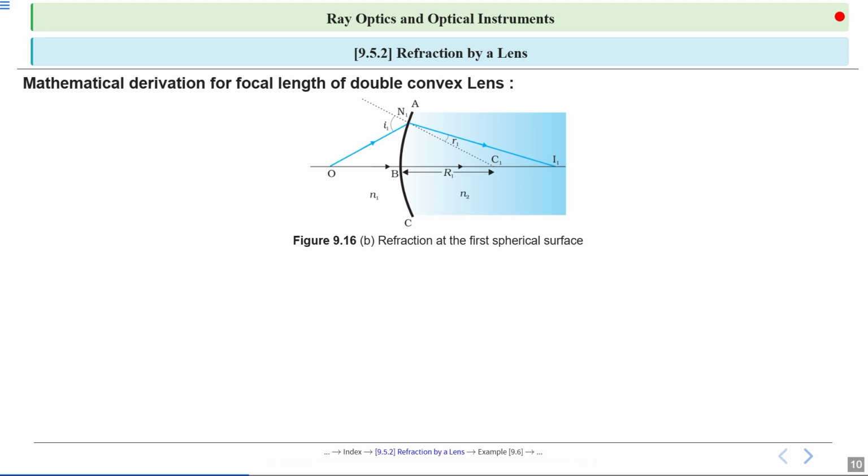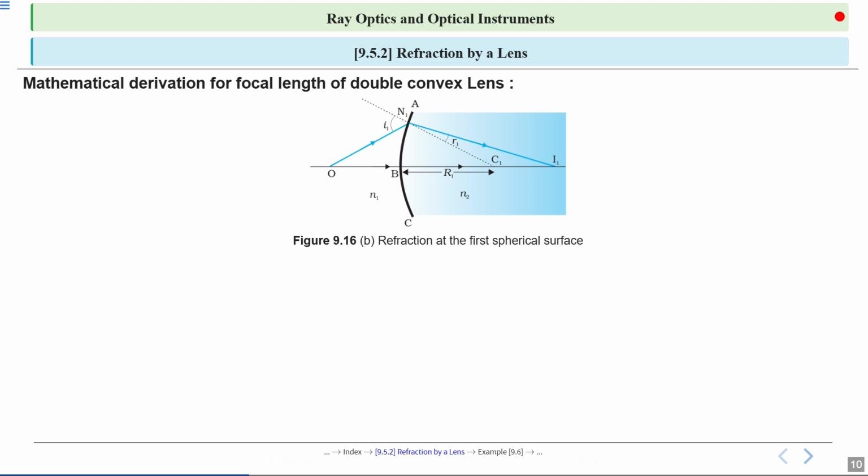Object O is there, and that surface will make the temporary image I1 as shown in the figure. Incident light from O is incident on the refracting surface ABC. We draw the normal at the point of incidence.